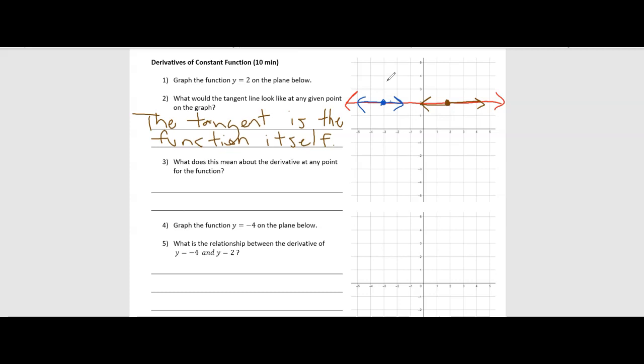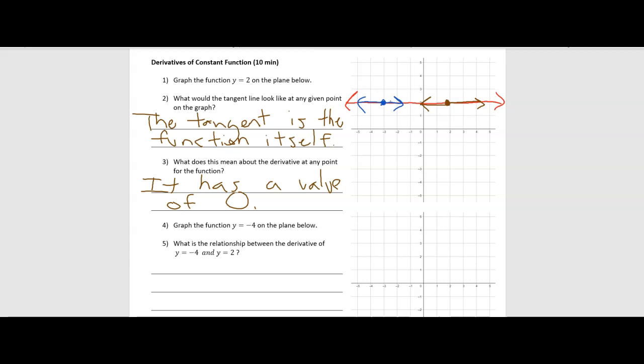So if the slope of the tangent line is equal to 0, then the derivative at that point is equal to 0. So it has a value of 0.